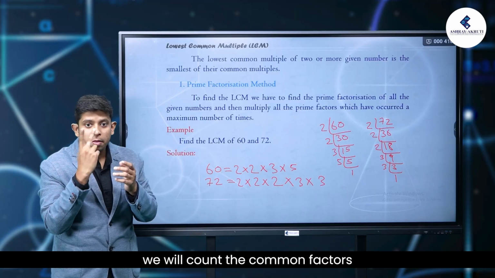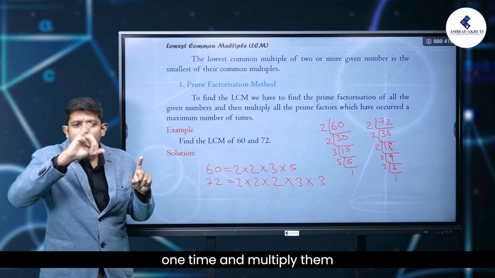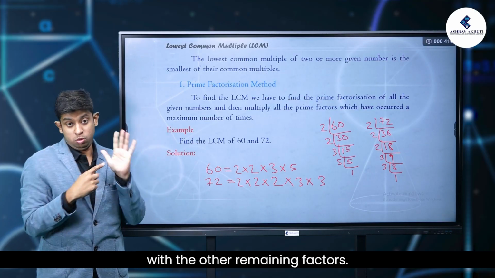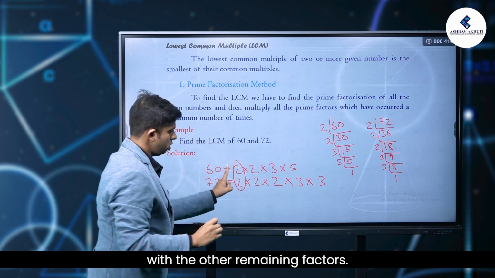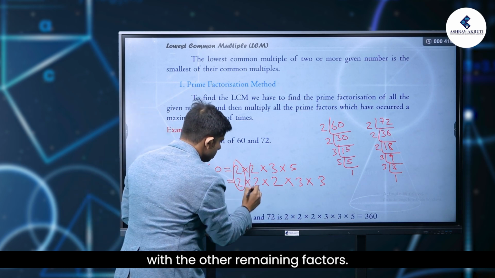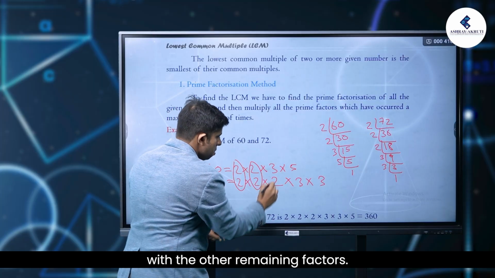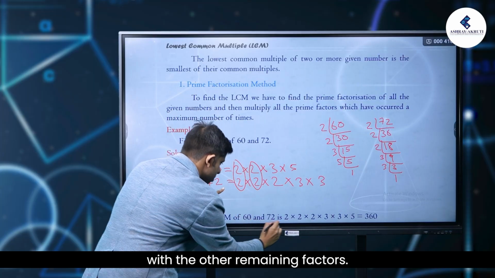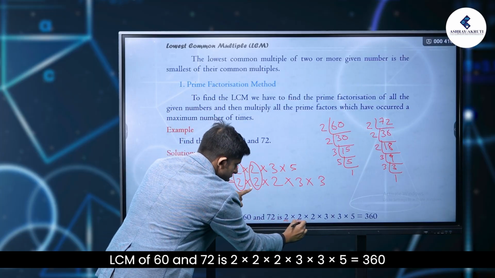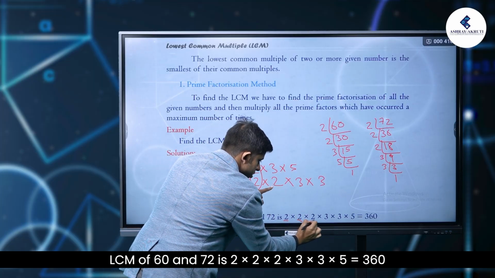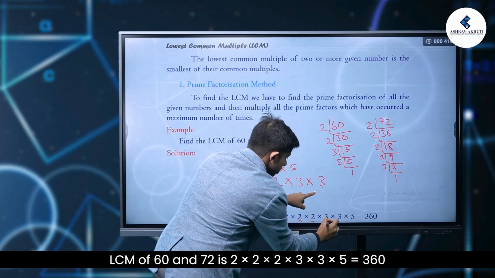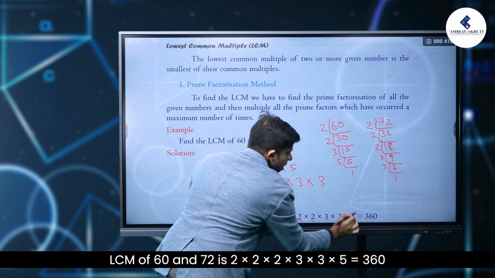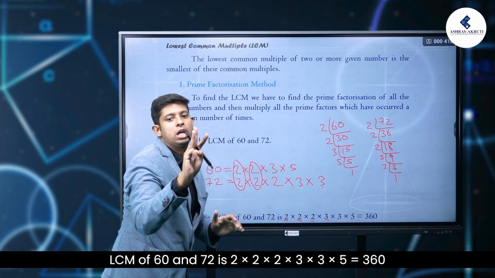To find the LCM, we will count the common factors one time and multiply them with the other remaining factors. LCM of 60 and 72 is 2 into 2 into 2 into 3 into 3 into 5, which is equal to 360.